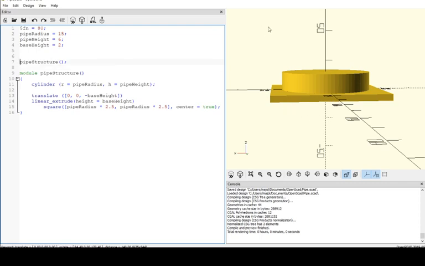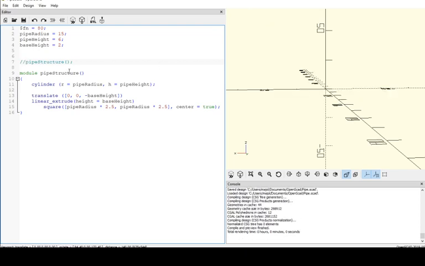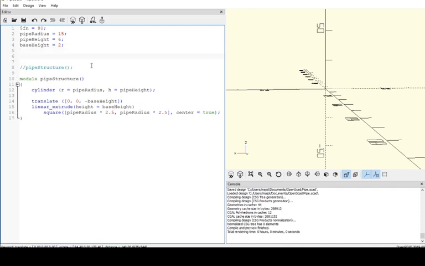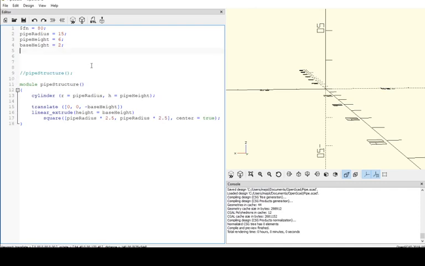So to start, I'm just going to comment out the creation of this pipe structure. The next thing we want to do is that rounded radius where it curves outwards. Let's define that as maybe, I don't know, a 4.